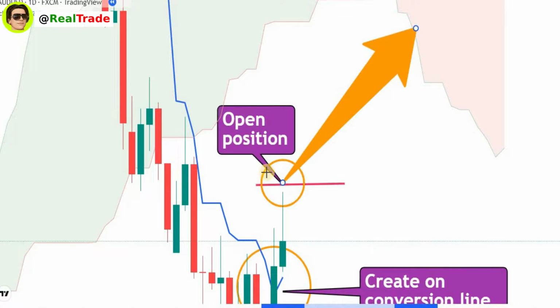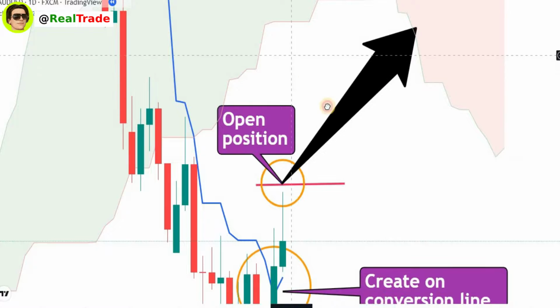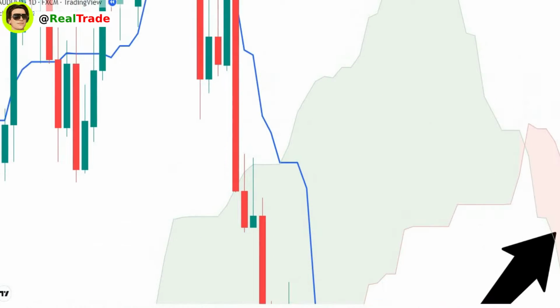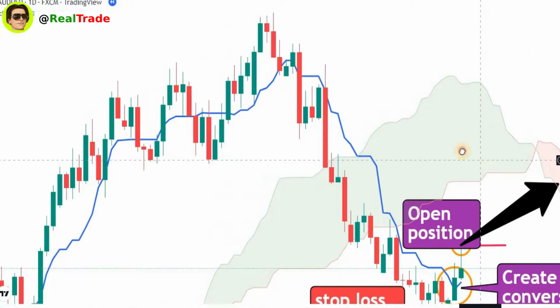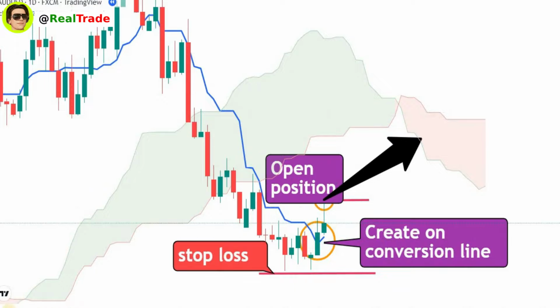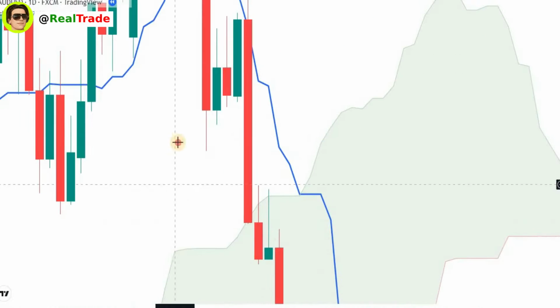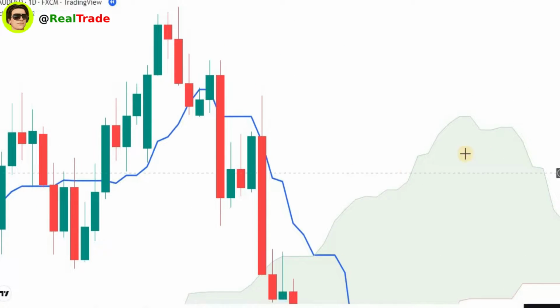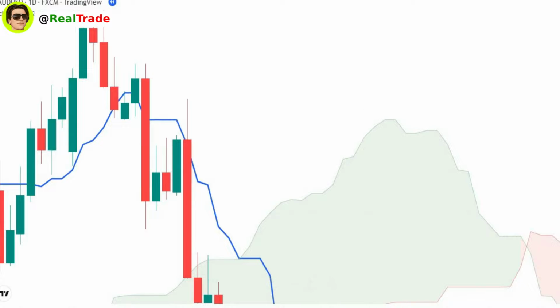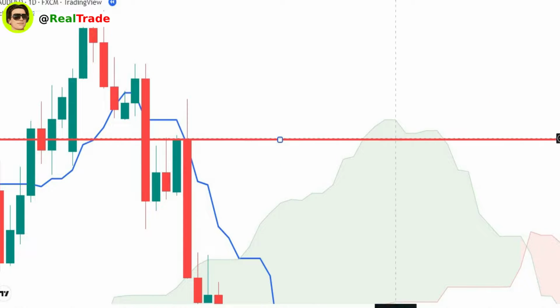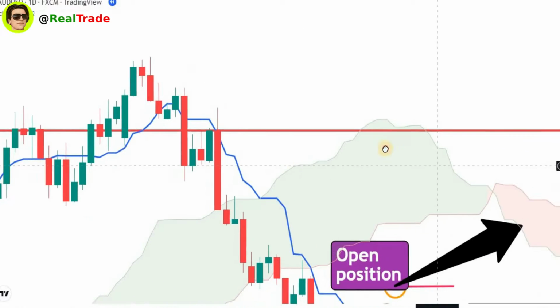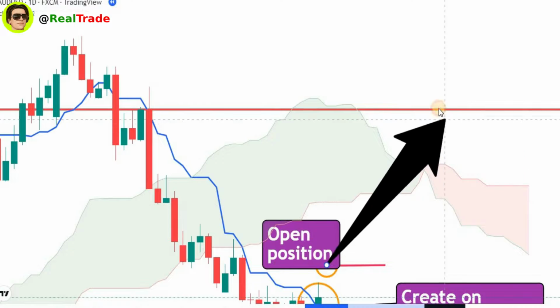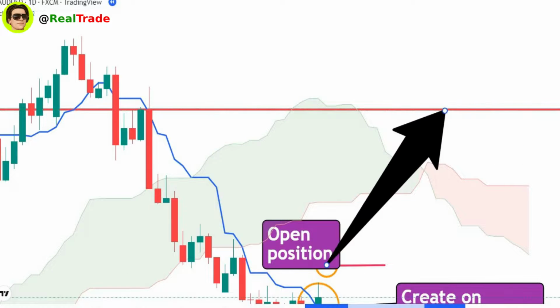Go buy, go buy, go profit. The next resistance is the best profit. This area, I think this area is the best point. This area is profit. Point, profit.